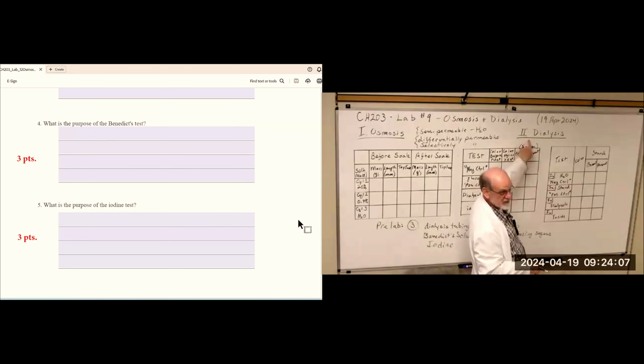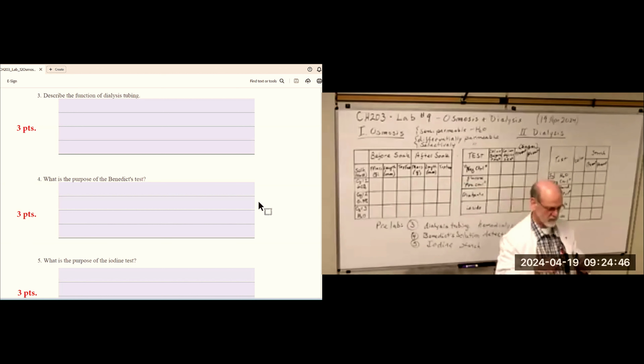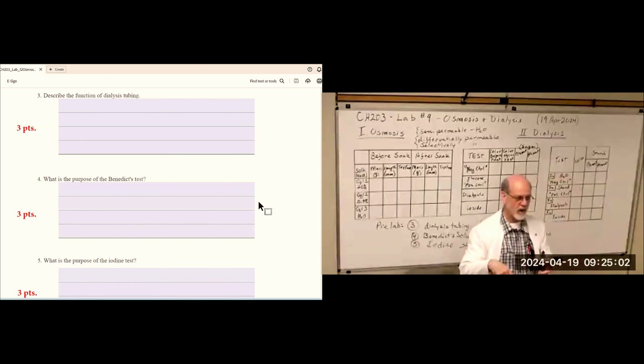Well, actually, it was 4 and 5, Benedict's here. 4 and 5. Iodine detects starches. So why do we need those tests? Because we're going to mix up a starch solution and a sugar solution together and put it inside a dialysis tubing and seal it off and then stick it in a larger test tube with distilled water.